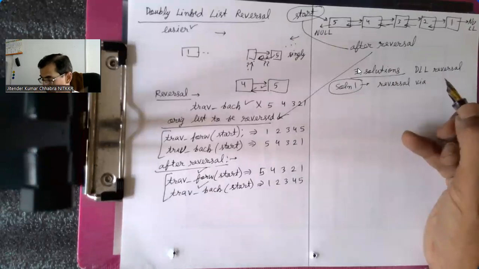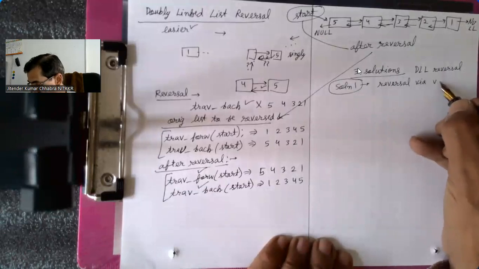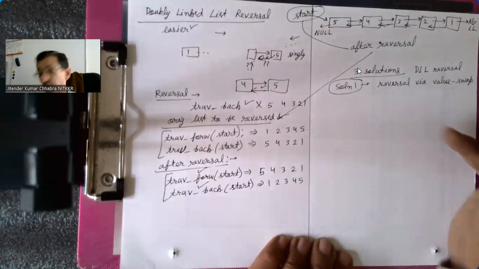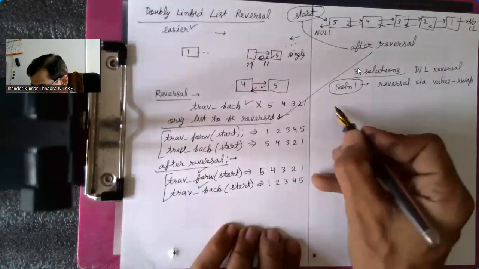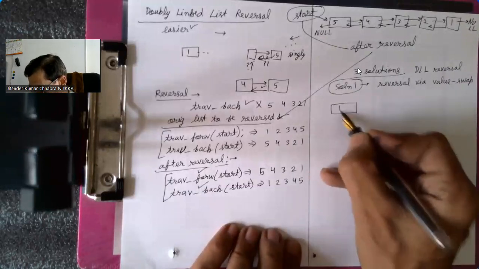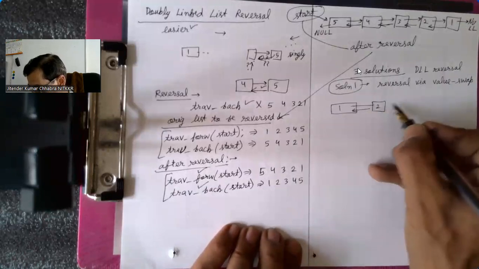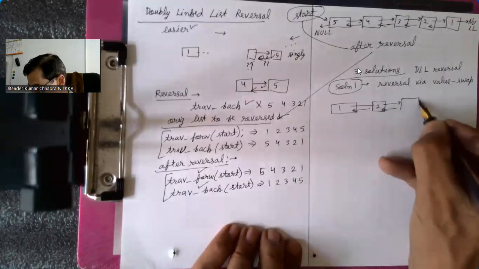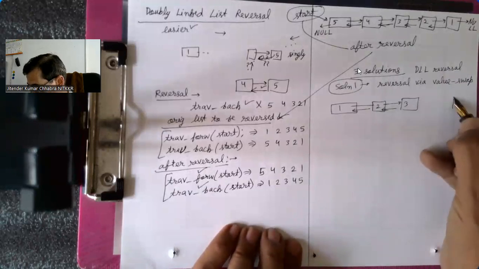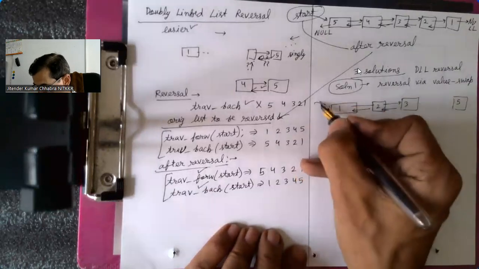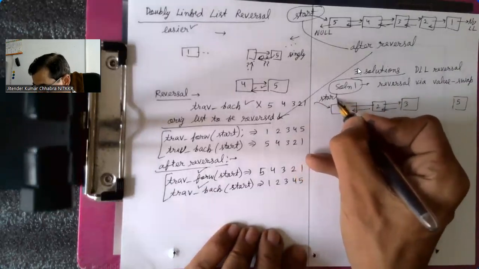In an array also, probably you have done that. Value swap. What does that mean? I mean, initially I had list 1, 2, linked like this, 3, 4, 5. Here was a start. Of course, a start will go to the last node.